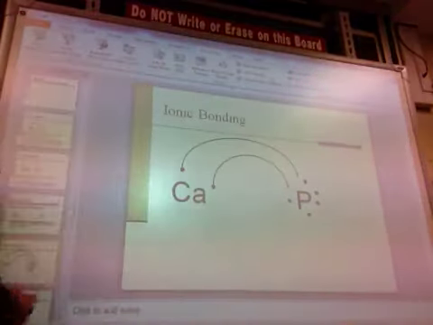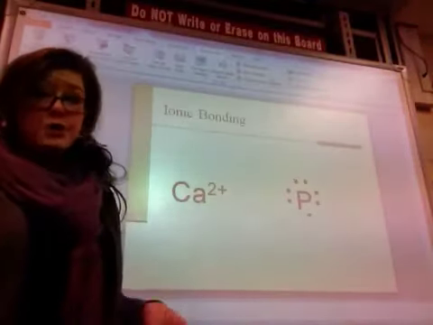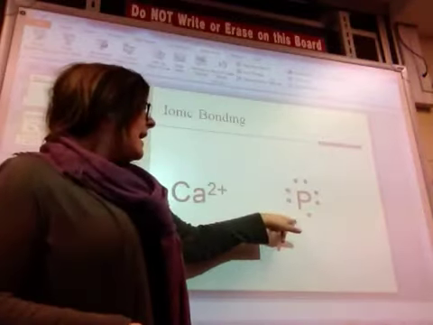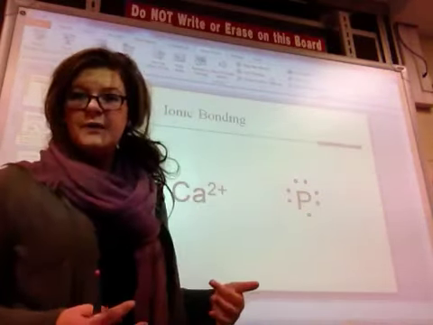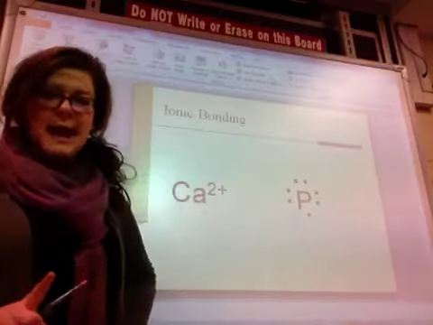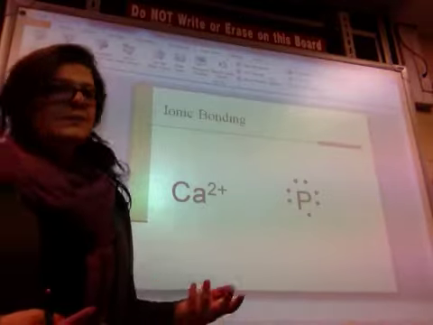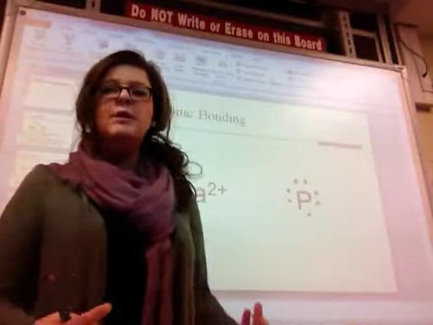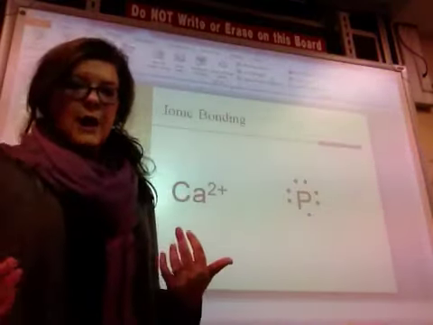So now, calcium has a +2 charge because it lost 2 electrons. And now phosphorus, in this case, has 1, 2, 3, 4, 5, 6, 7. It has 7 electrons. Does it have that full octet? It does not. Does it want to? It absolutely does, because right now it's still unstable and it still doesn't like this. So it wants to find some more electrons.